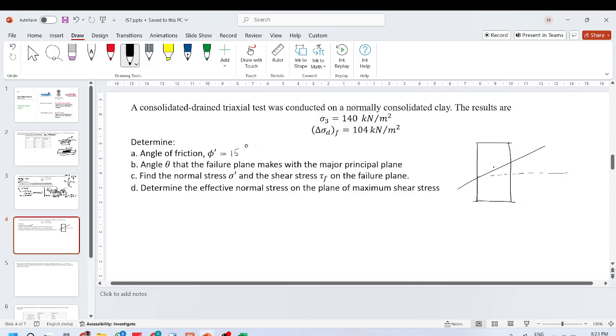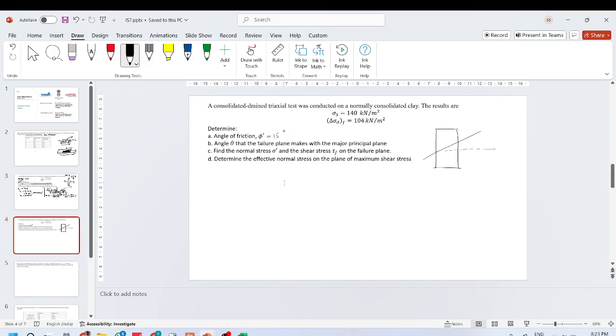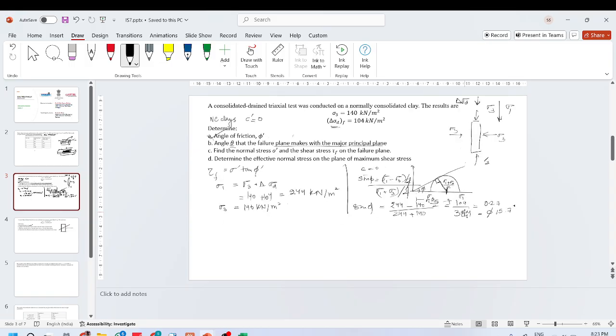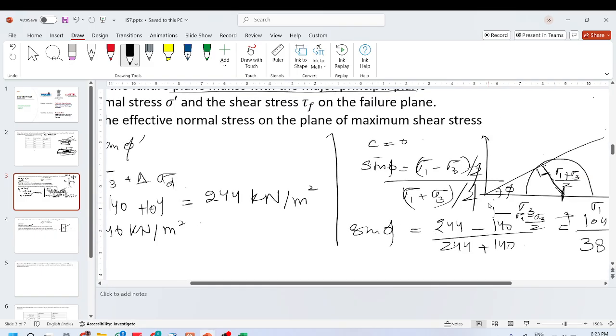So in the Mohr circle, we know this angle is 2 theta. So just give me one minute. Put this down.